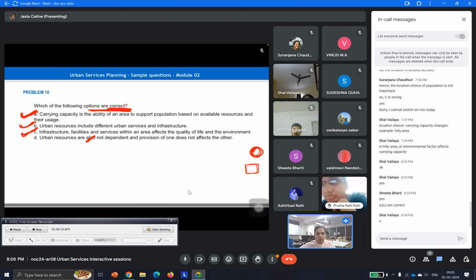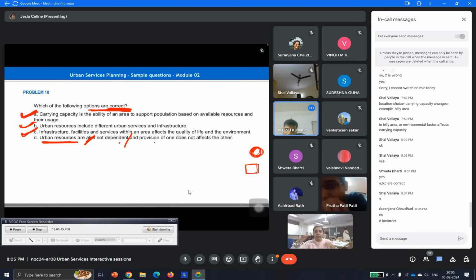It just says that there are different urban resources, and these resources are not interdependent, or there is no connection between them. And the provision of one resource does not affect the other. For instance, if you have one facility which is given, or one resource which is being used, that does not affect the other resource. So is that a correct statement?